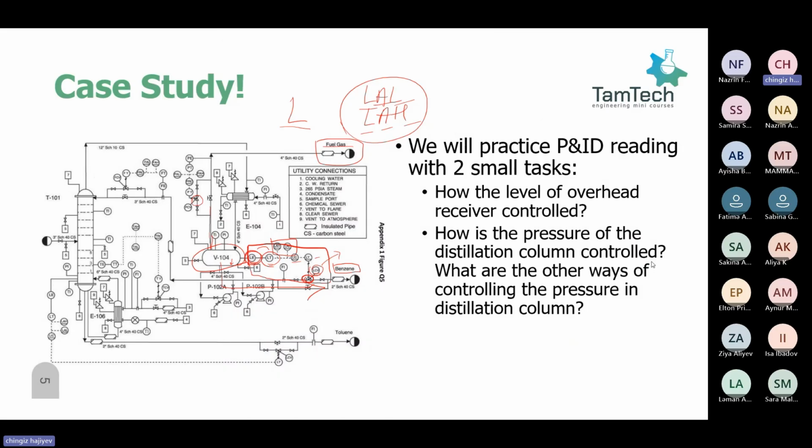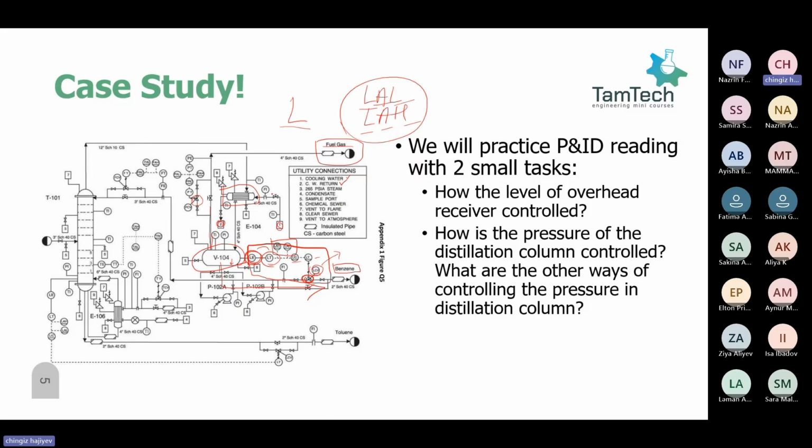Our colleagues mentioned correctly the condenser duty. Here is the condenser, and if you read, you see this first is cooling water, and the second is cooling water return.